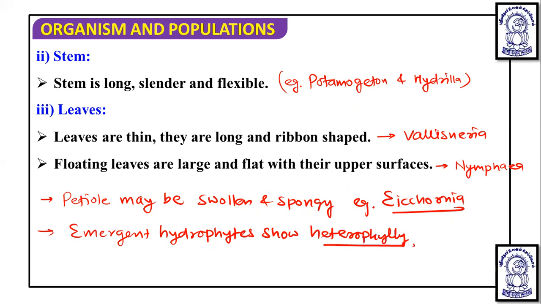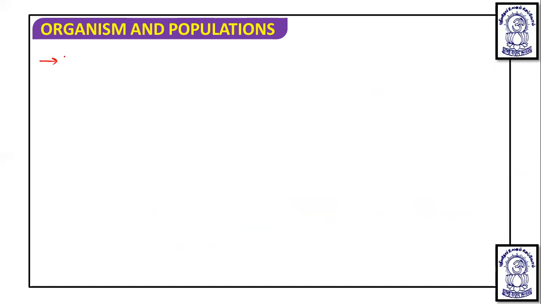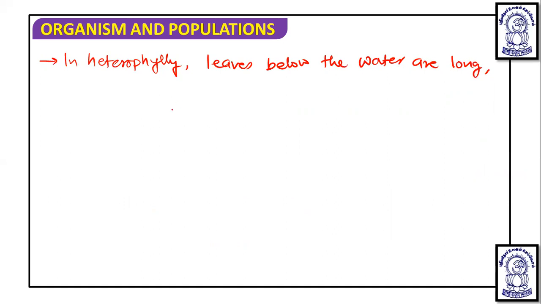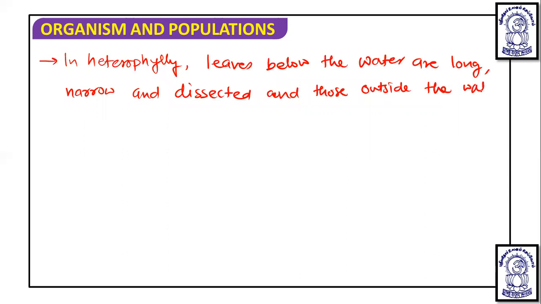If we talk about heterophylly, specifically it is seen that leaves below the water are long, narrow, and dissected, and those outside the water are entire and broad.